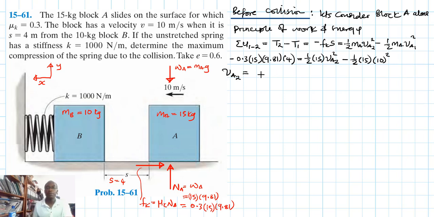So we do have 8.7439 meters per second. So this is the velocity here, and we are saying this is our VA1, which is just equal to 8.7439.